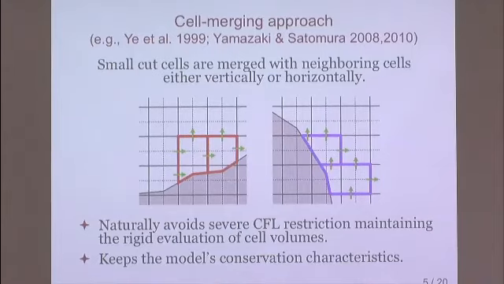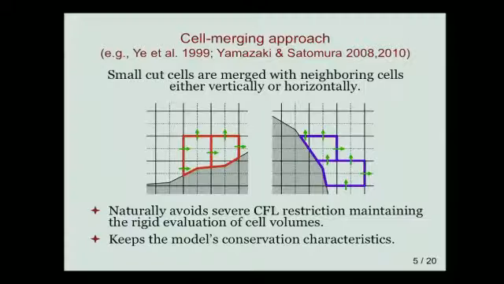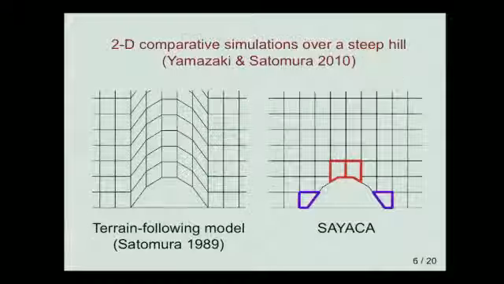We use both vertical and horizontal combinations depending on slope angles. Small cells on gentle slopes are combined vertically, and small cells on steep slopes are combined horizontally, either left or right in the fluid. This approach has the advantage of naturally avoiding severe CFL restrictions, maintaining the rigid evaluation of cell volumes, and also keeping the model's conservation characteristics.